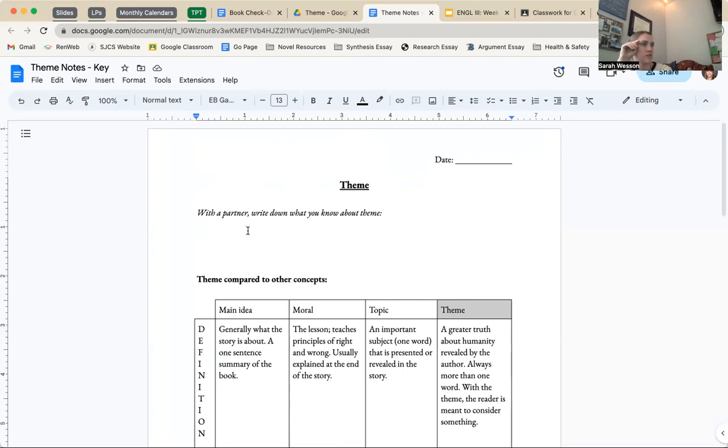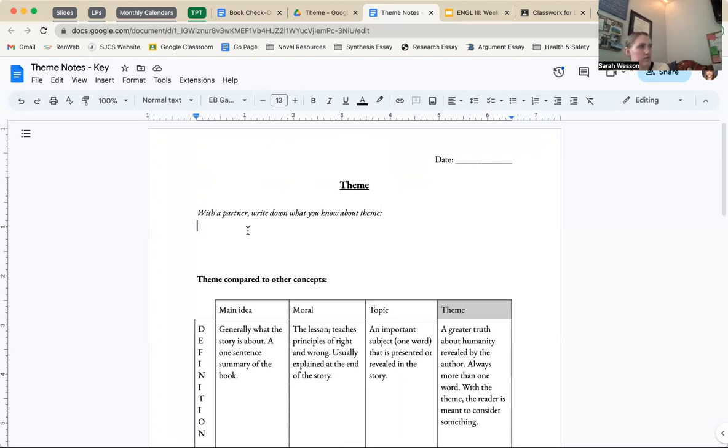Maybe you think that it is the author's opinion on something. Okay, so maybe that was just to get your background knowledge as activated as it can be. All right, so we already know about theme.